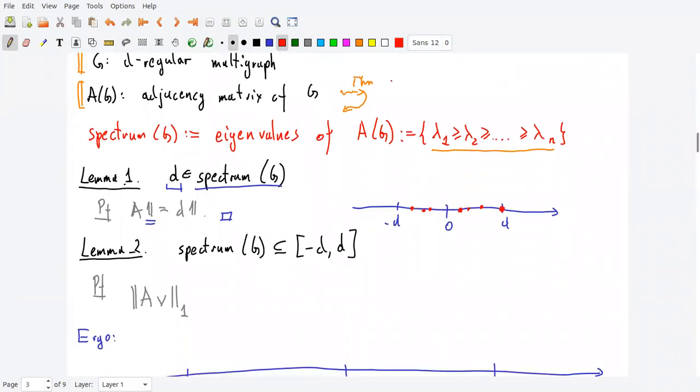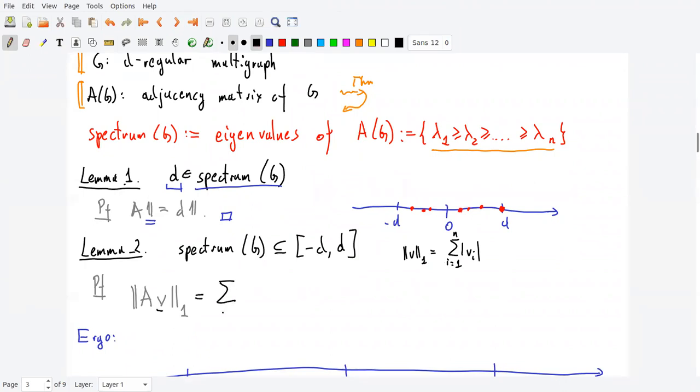Good. So why so? Why can the eigenvalues not be larger? Well, let's look at any vector v. Let's apply A to it, and let's see what is the one norm of the vector that we get. Just recall that the L1 norm of a vector is simply the sum of the absolute values of the coefficients. So let's rewrite it so that we understand it.